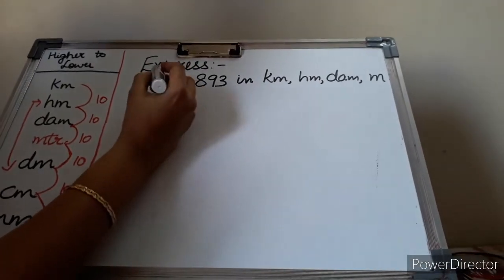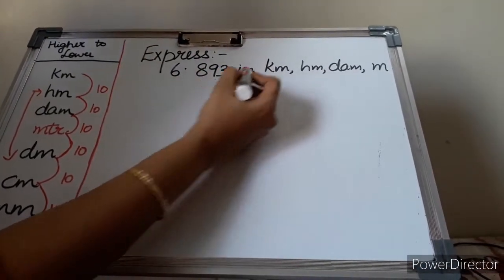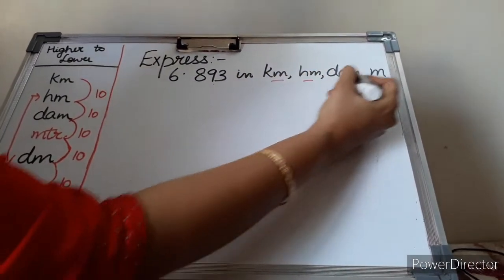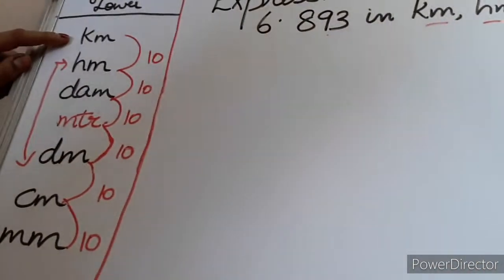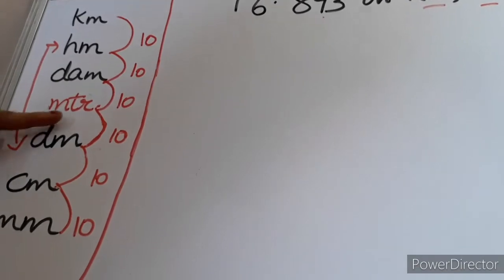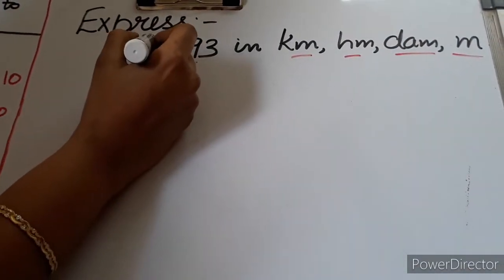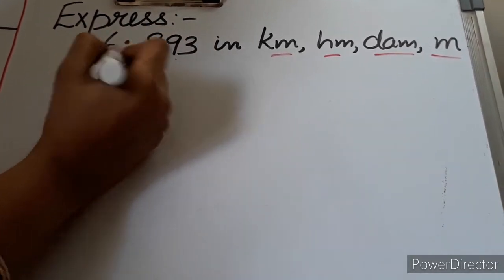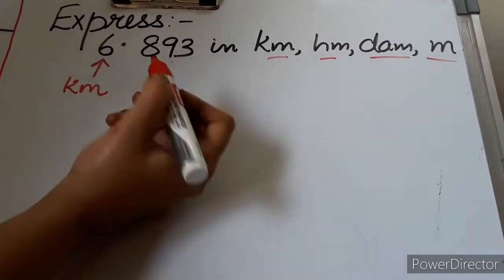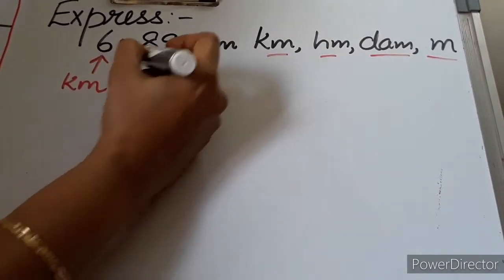Okay. So we will see how we can do this question. Suppose the question is: express 6.893 in kilometers, hectometer, decameter and meter. So you know, here we have a chart: kilometer, hectometer, decameter and meter. That means this decimal will separate the higher unit and the lower unit. This 6 will be what? It will relate to kilometer, 6 kilometer.